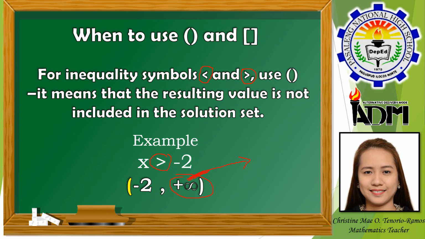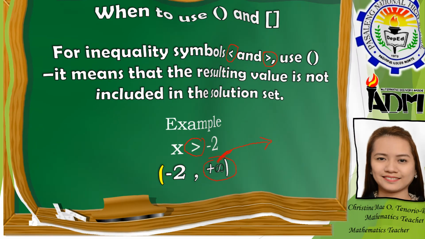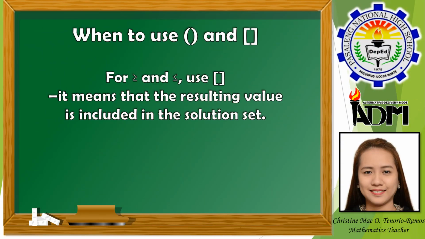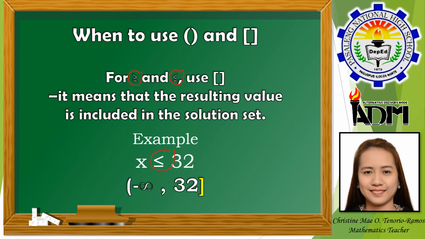Okay, next is when to use bracket. Pag ang ginamit naman natin ay yung greater than or equal and lesser than or equal, may equal na siya, meaning yung mismong value na lumabas kasali sa solution. Example, x is lesser than or equal to 32. Ang ginamit is lesser than or equal, that means dito sa tabi ng value is bracket.